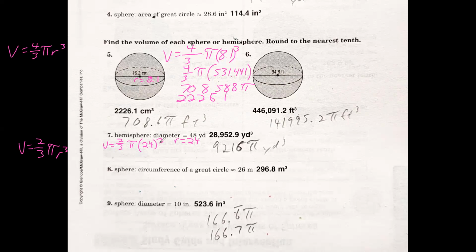First, 24 cubed is a really big number. 13,824. Multiply it by 2, divide it by 3. We get 9,216 pi. And then multiply by pi, and you get your answer of 28,952.9.